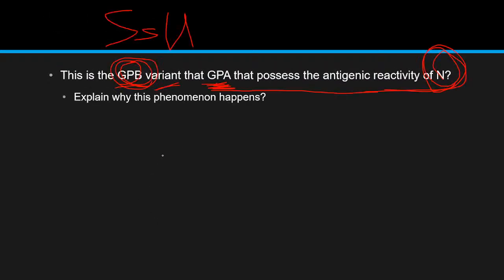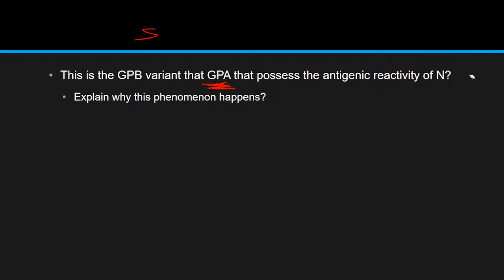Let's try to extrapolate some information from the previous slide. Critical thinking skills. Normally, GPB or glycophorin B is used for the S, s, U antigens, right? The timer is already done. And it becomes a variant of GPA and it shows N activity.